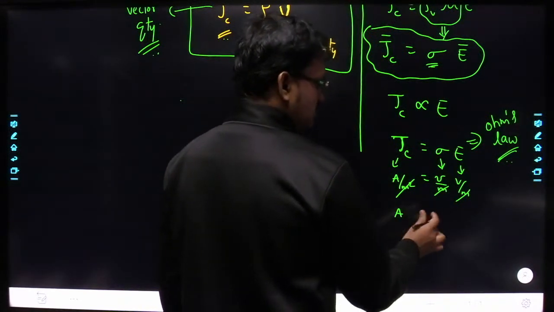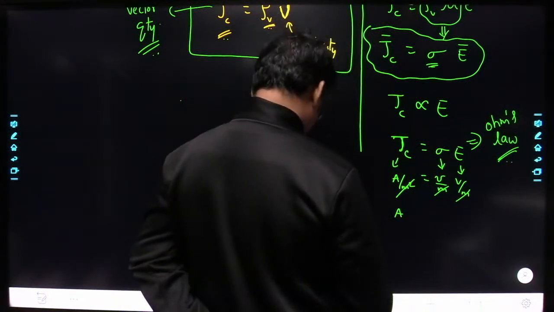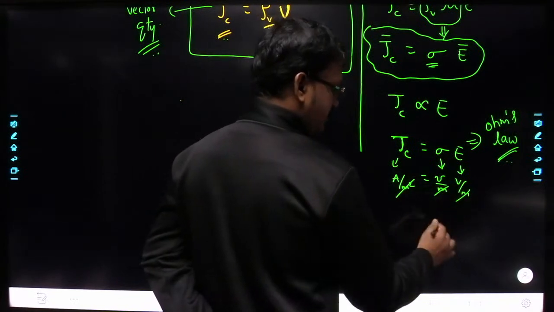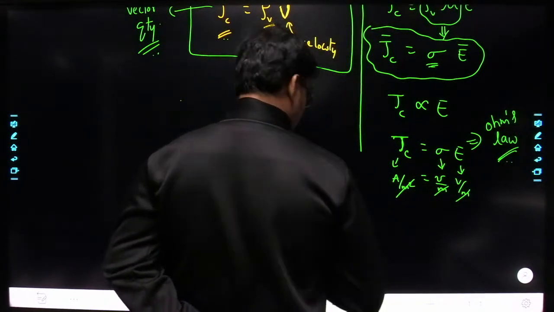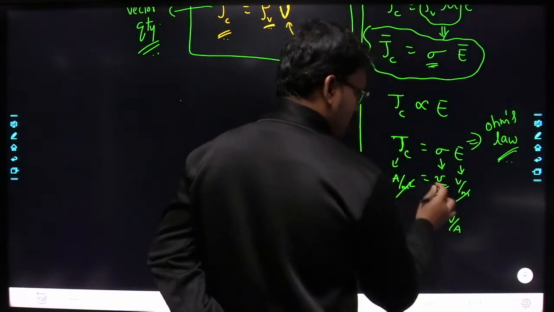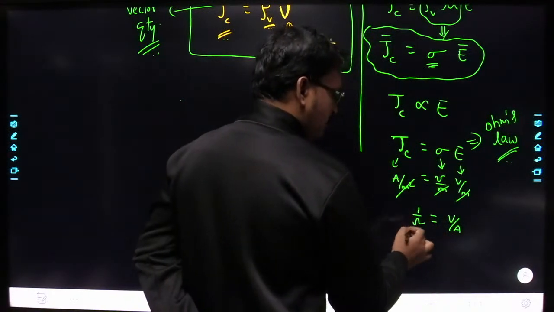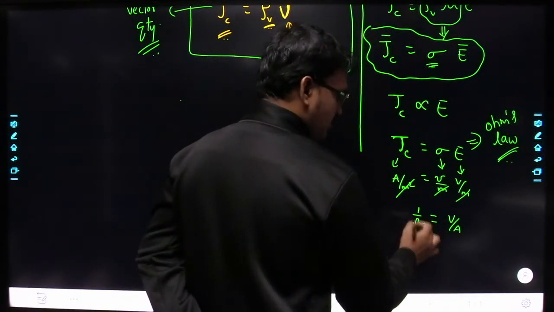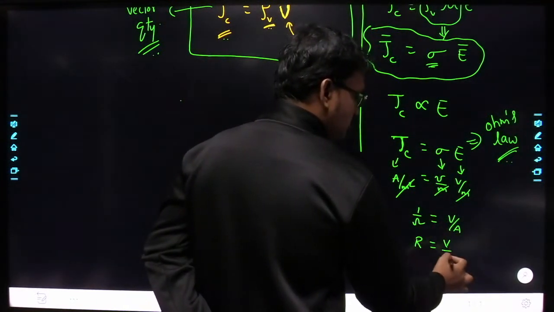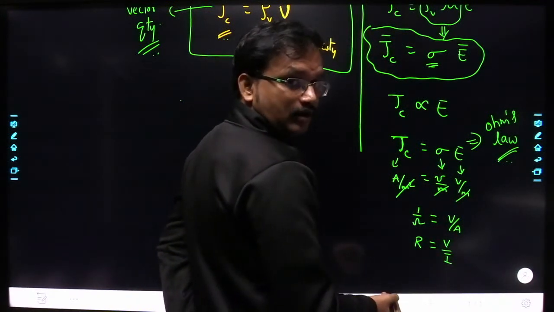If I send ampere to this side, you are going to get volt by ampere, and if I send mho to this side, it becomes 1 by mho, which is nothing but resistance. So V by I is equal to R.